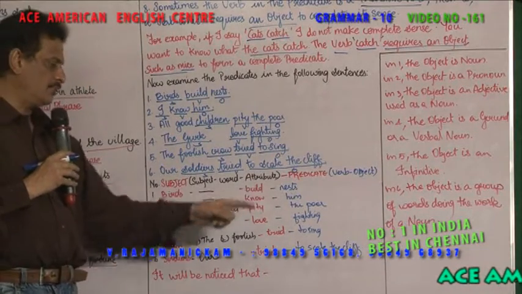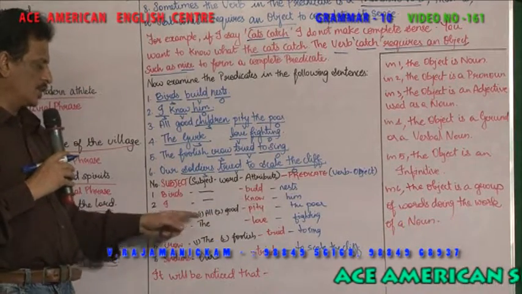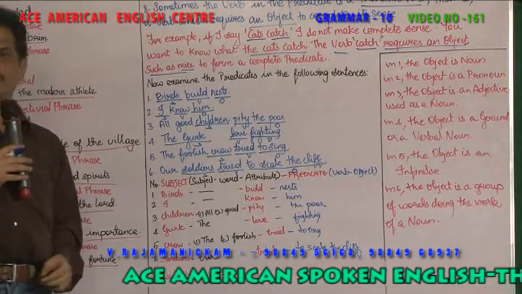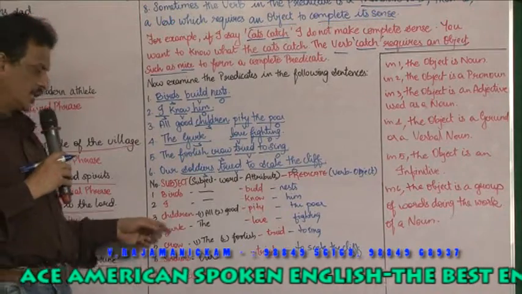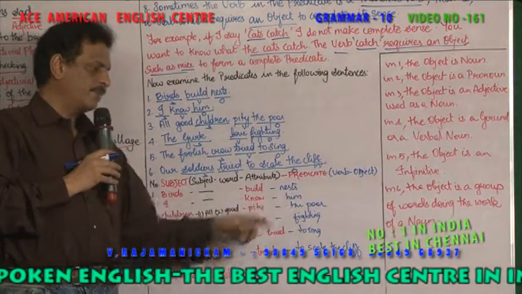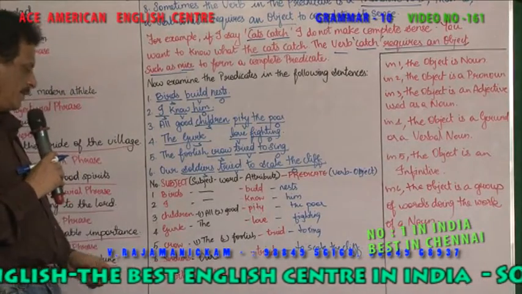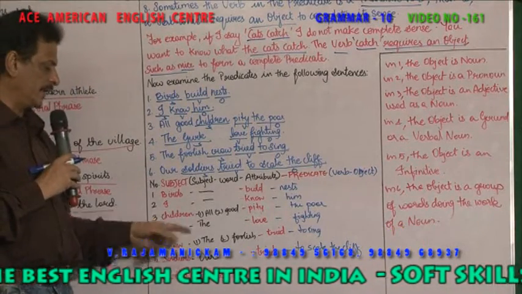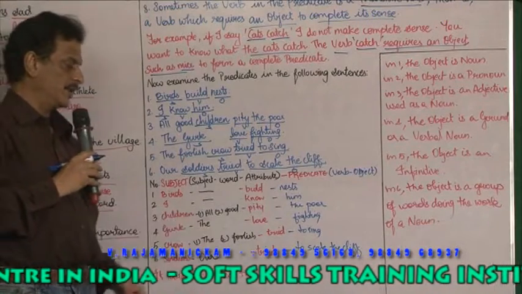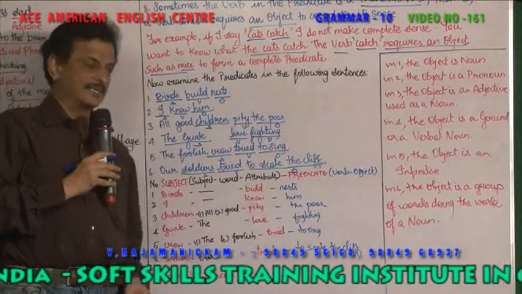All good children pity the poor. So children is the subject word, all good is the attribute given to the subject. Pity is the verb, or the predicate, and the poor is the object here. The gurk love fighting. The is the attribute for the subject. Gurk, love is the verb, fighting is the object, it is a gerund.